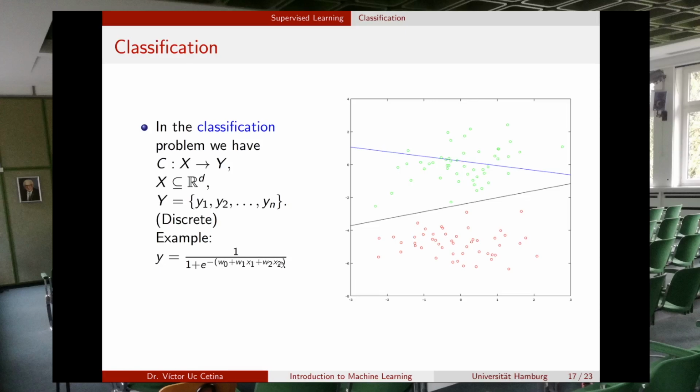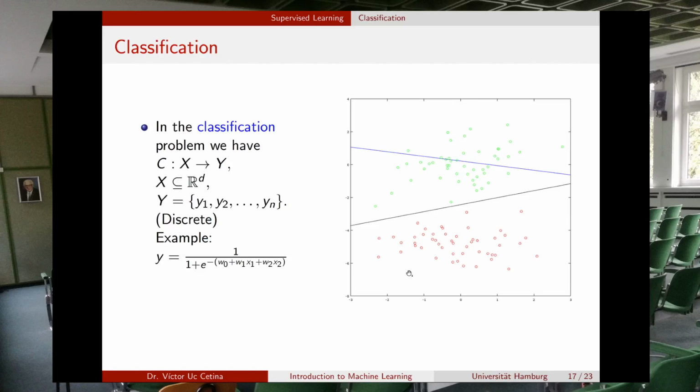This expression is again a linear model, basically the linear combination of the value of coordinate x1, the value over this axis, and the value of coordinate x2, the value of each point over this axis here. So this is a very basic model that could be used for binary classification.